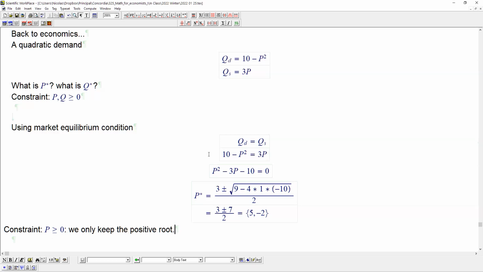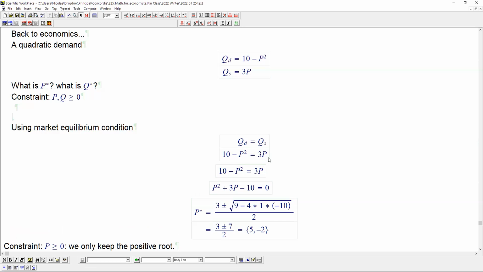And that's right? 10 minus 10 minus 3. Oh, yeah, that's the error, the mistake I made. So this is plus. Yeah, okay, right. It's plus, yeah. Let's be more systematic there. Plus P squared and minus 10. Yeah, always trust your student, never trust yourself.